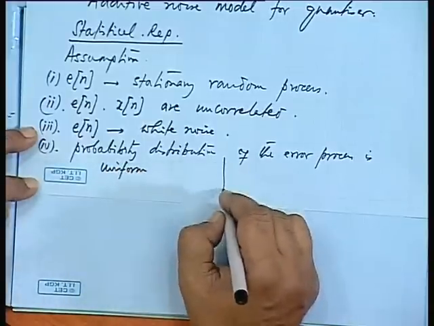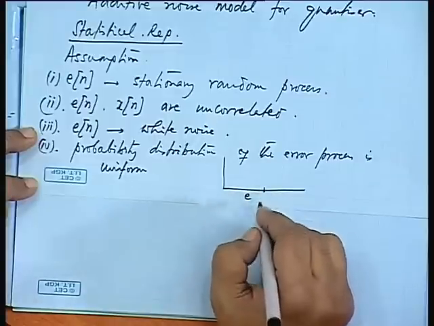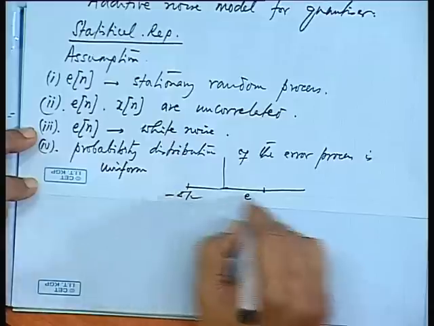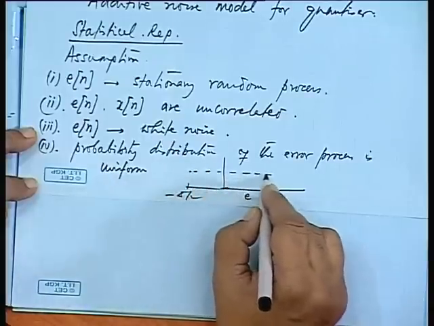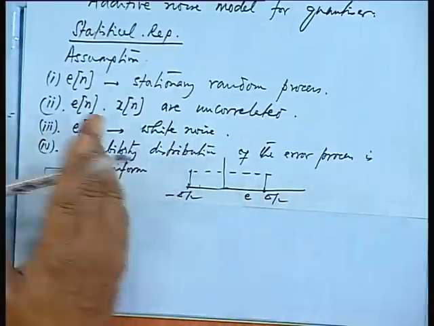That means the error can occur, say this is from minus delta by 2 to plus delta by 2 with uniform probability. It may be anywhere with equal uncertainty.